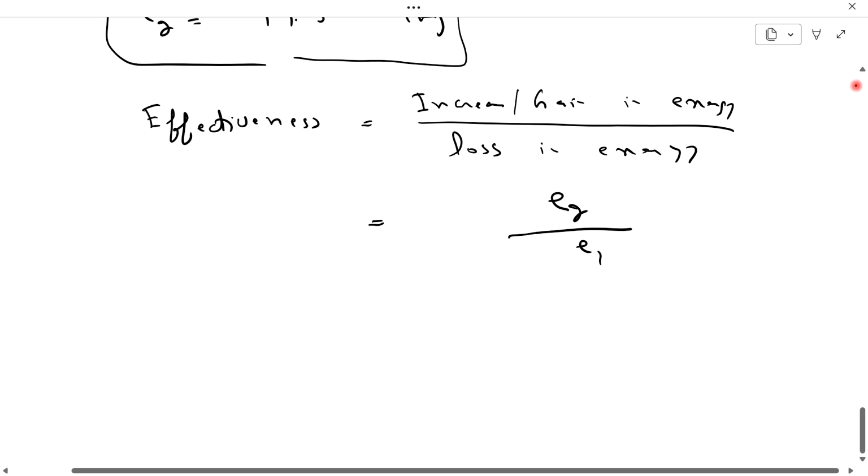The mass of feed water is mf, and this is the mass of steam entry.